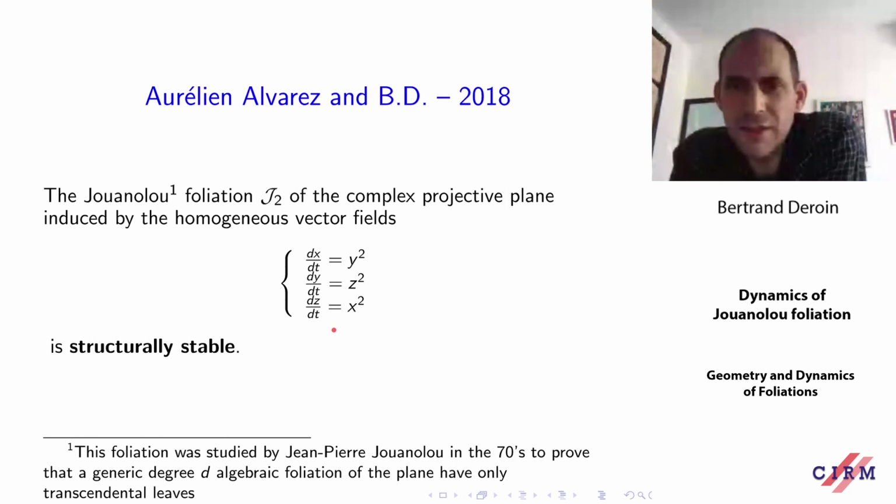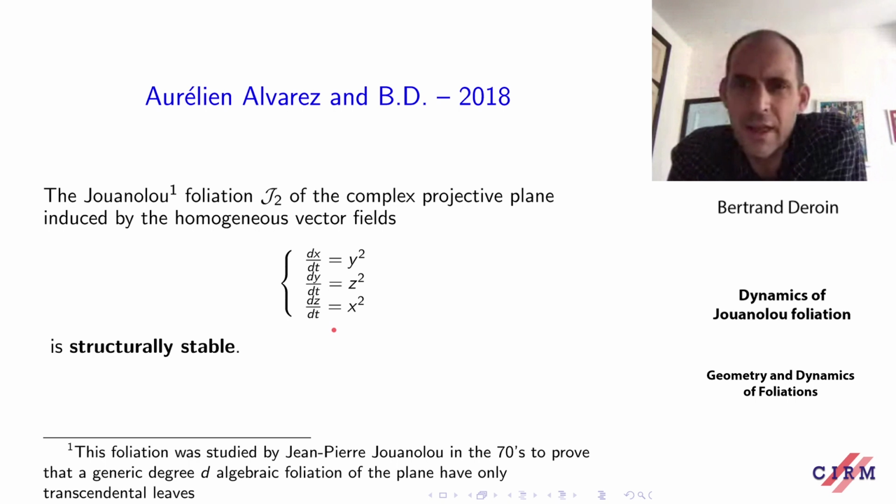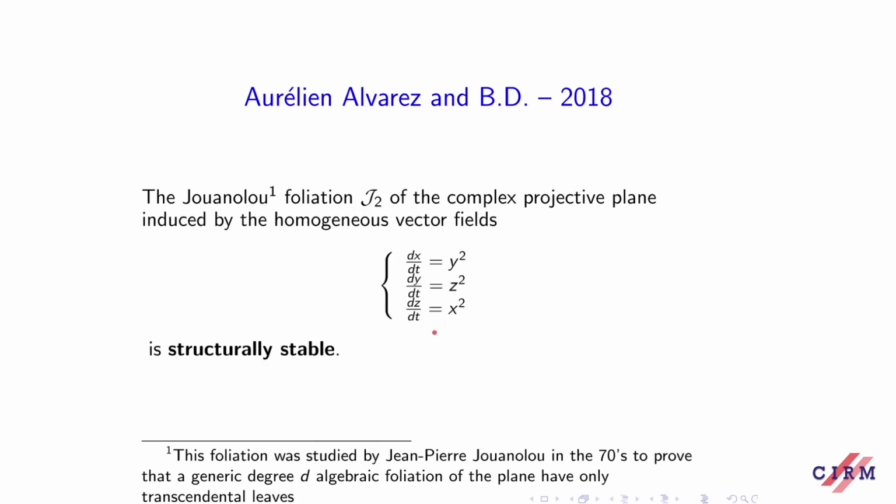This foliation was introduced by Jouanolou because it was an archetypal example of a foliation of the complex projective plane which does not have any algebraic leaf, any algebraic solution. So all solutions are transcendental.